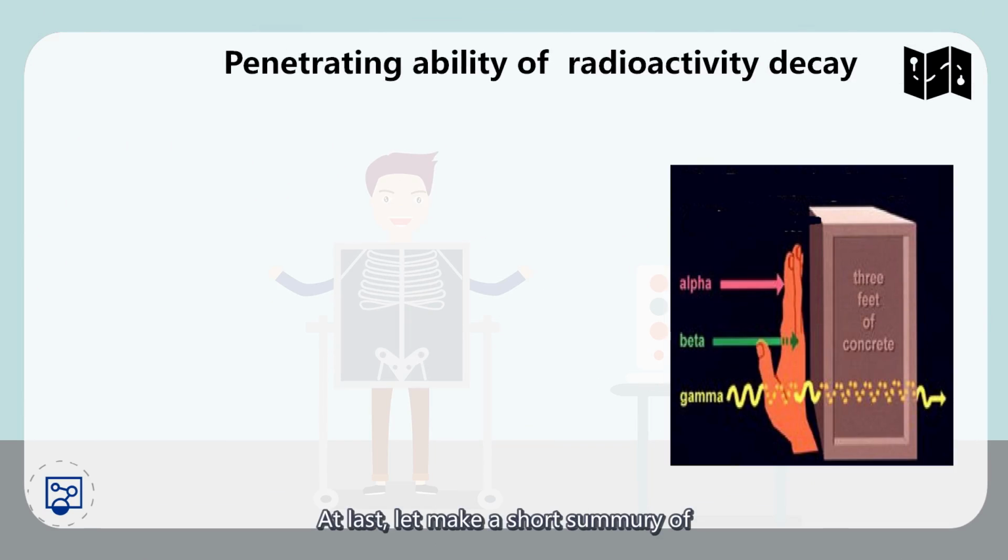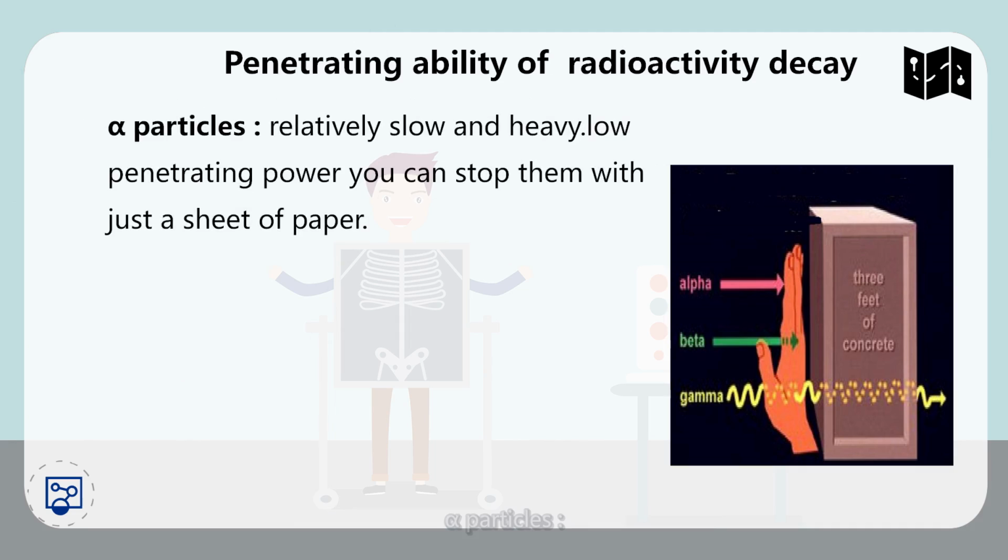At last, let's make a short summary of the penetrating ability of the three main radioactive decay types. First, alpha particles are relatively slow and heavy. Alpha particles have a low penetrating power. You can stop them with just a sheet of paper.